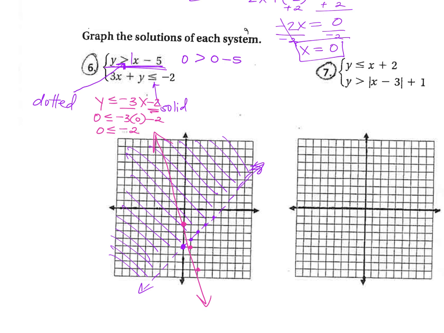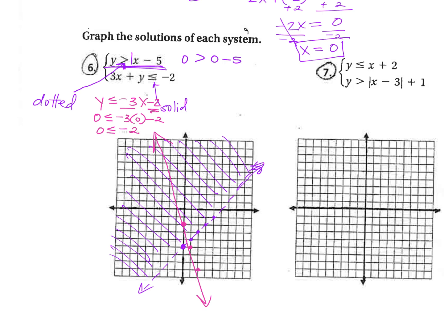What else? So that was great. Why did you shade it up? Because 0 is greater than negative 5. Sorry. Did I just do it the wrong way? You're supposed to shade down, right? Oh, I shaded the wrong way, you guys.